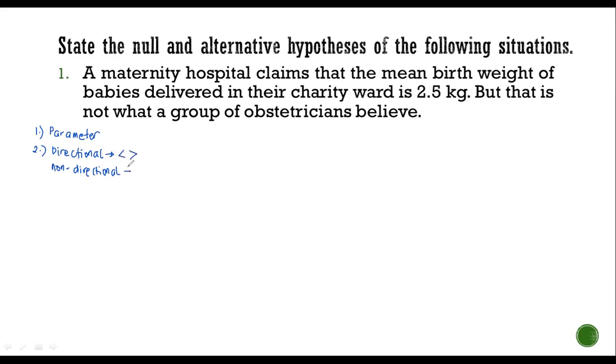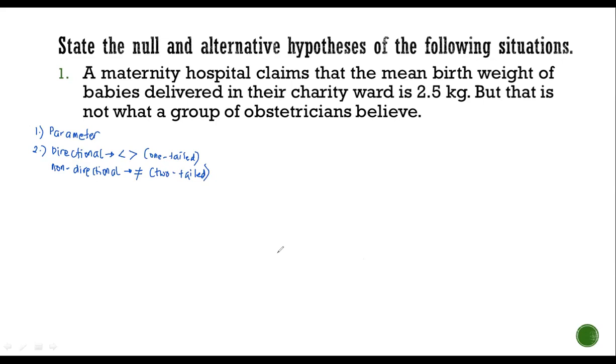Pag non-directional, you will utilize your not equal. So directional, further, this is your one-tailed. This is your two-tailed. Yan. So, dalawa lang ang isipin natin pag nagko-construct tayo ng null and alternative hypothesis.